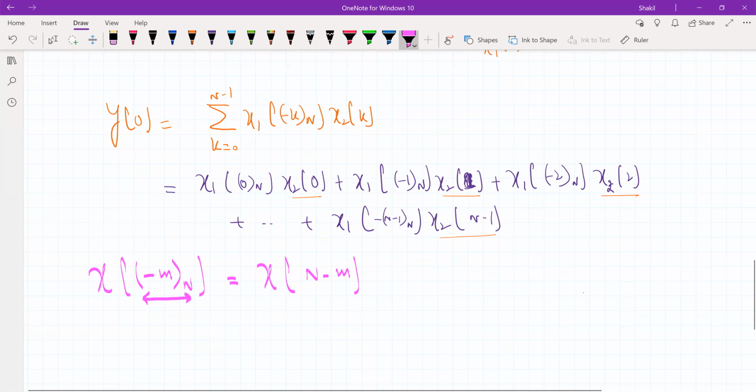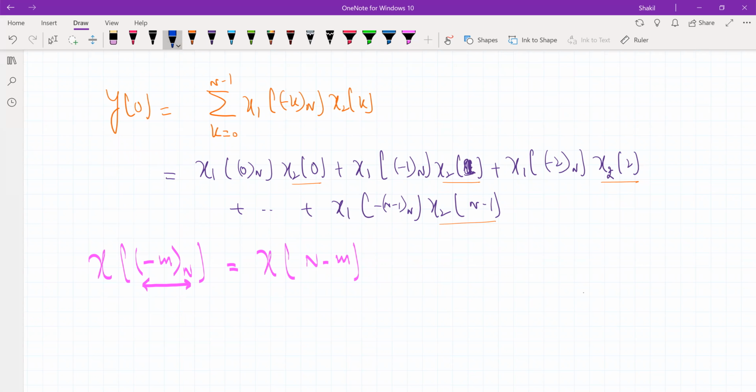All right. So let's go back and let me say y of 0, substituting the value here. If there is 0, you don't need to do anything because 0 modulo n means 0, right? Now for x1, there is a negative argument. So to make it positive, what we do, we add simply n.